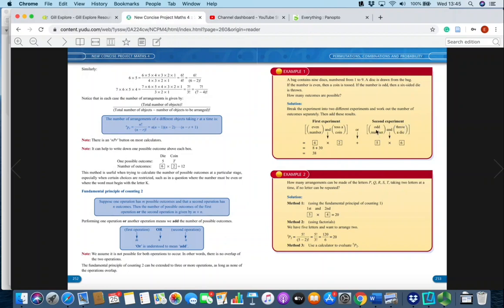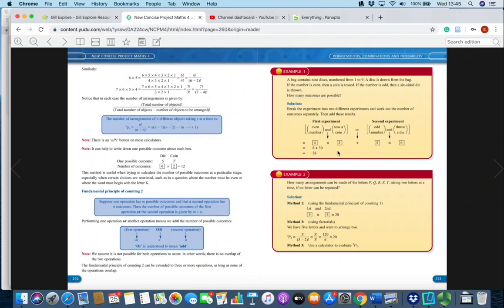It could be 1 from the disc, 2 from the die, 1 from the disc, 3 from the die, and so on and so forth. So I can get an even number or I can get an odd number. So that is why we add those outcomes together. So there are 38 possible outcomes from that event.